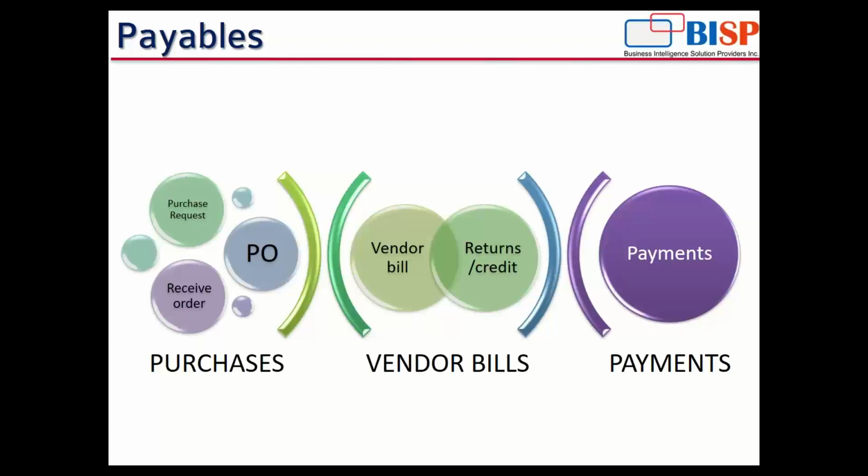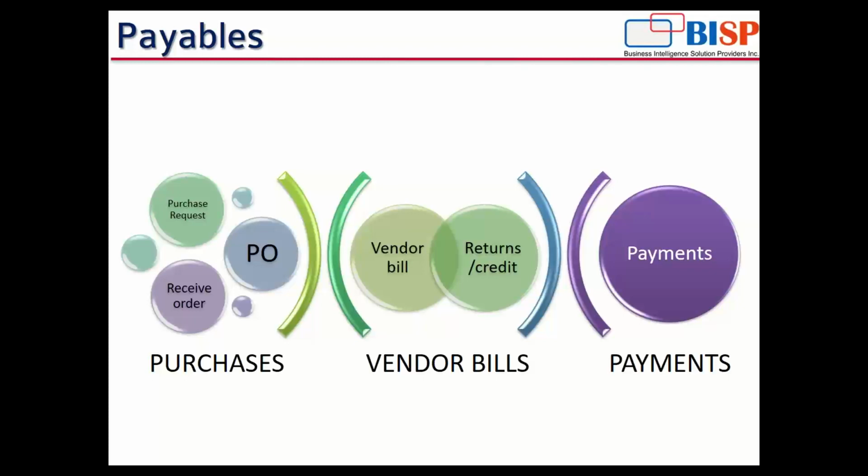Or even before creating a vendor bill or after creating a vendor bill, I have the option to return the order I have received from the vendor in case it does not fit as per the items that were requested. I have received certain defected items.